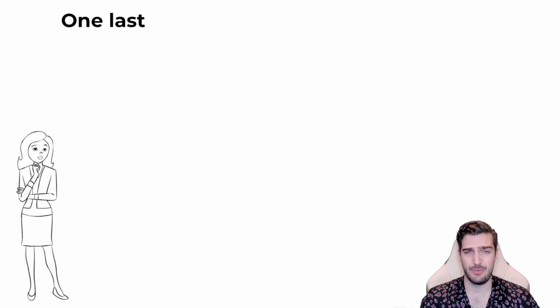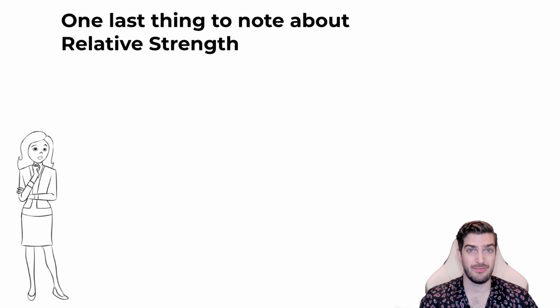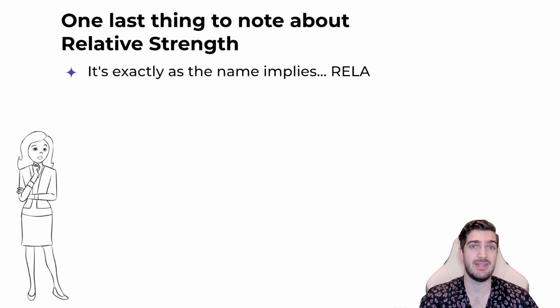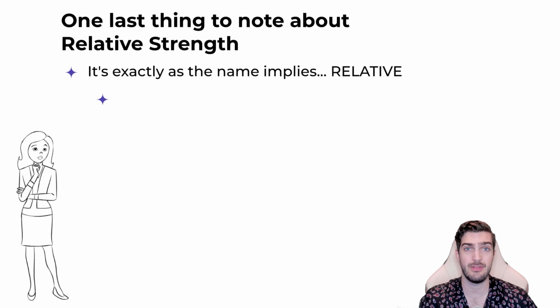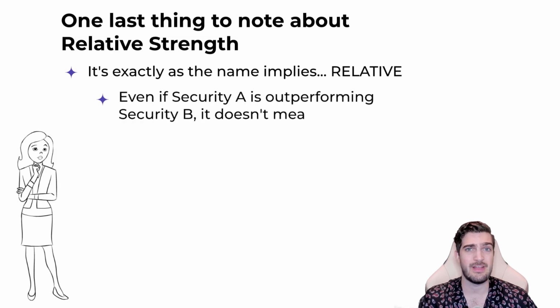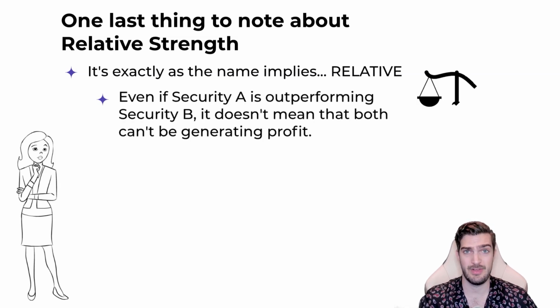There's one last note that I want to mention when it comes to relative strength, and that note is in fact in the name of the charts, that these charts are relative. Just because one security is in a positive long-term trend compared to the other doesn't mean that that security is generating profits.